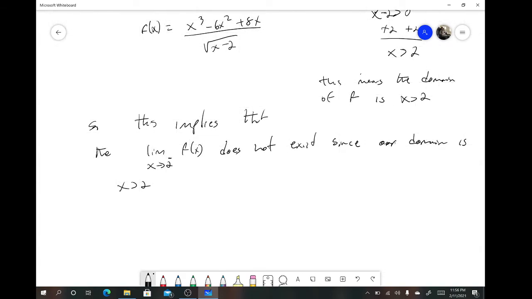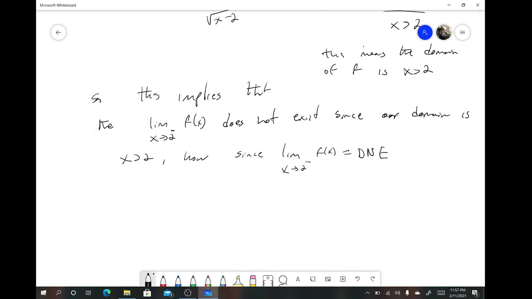Now, since the limit as x goes to 2 from the left side does not exist, and for does not exist, I'm just going to be writing D and E from now on, then, by a theorem we had last week, from lecture 3, the limit as x goes to 2 of f of x does not exist.